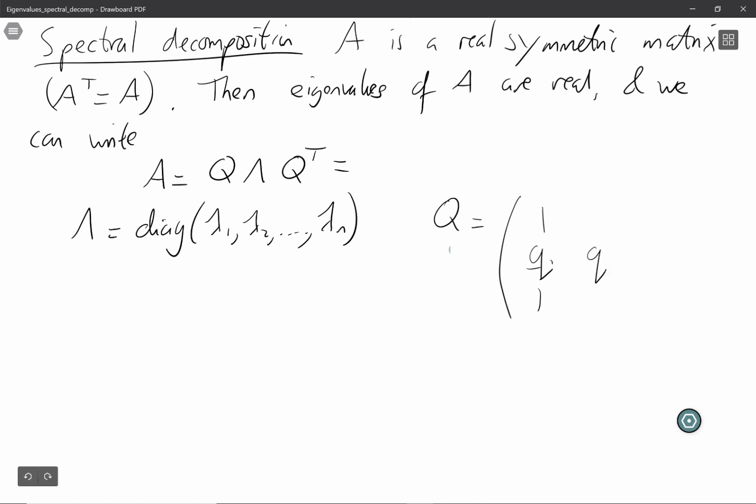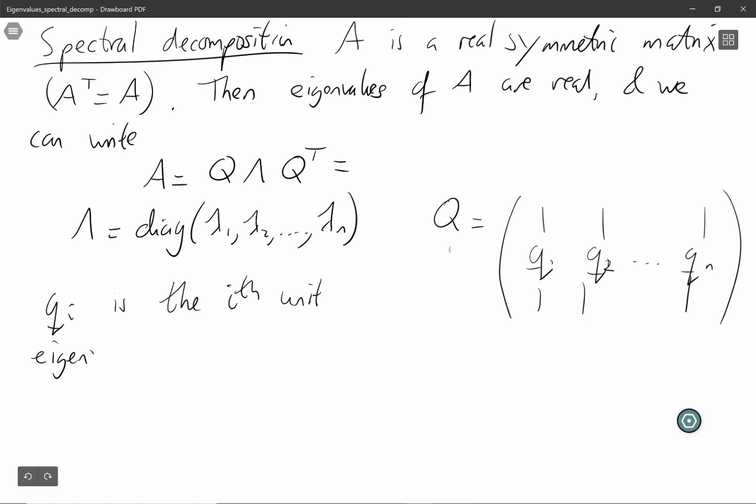The first column is the first eigenvector, so let's say Q1, Q2, down to Qn. Qi is the ith unit eigenvector corresponding to eigenvalue lambda i.